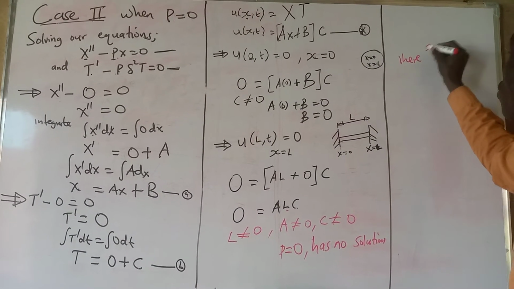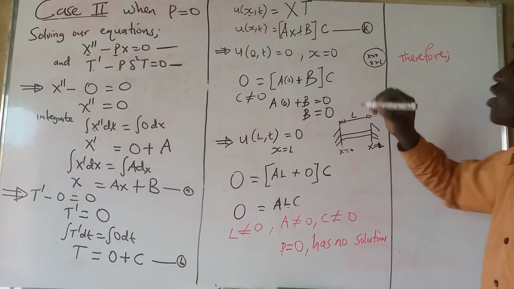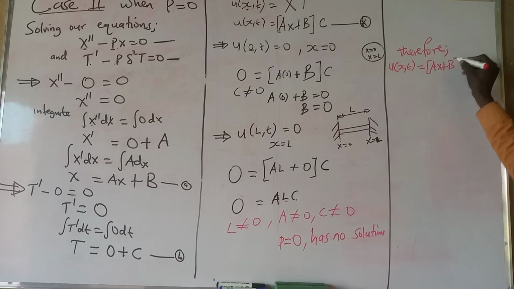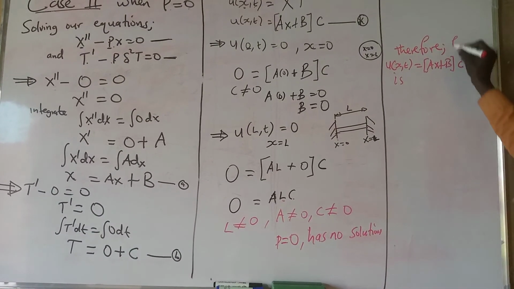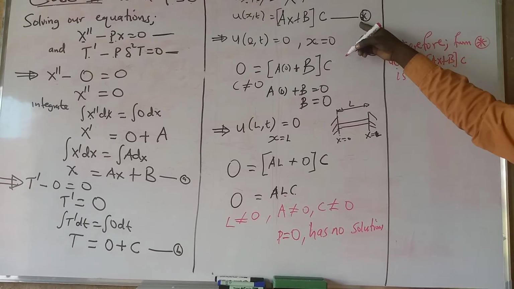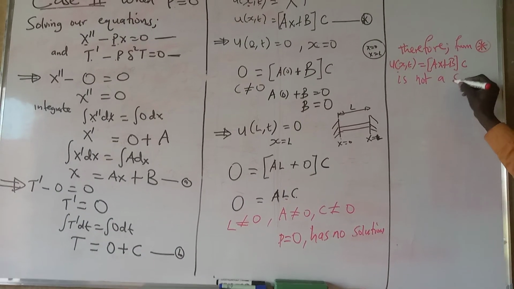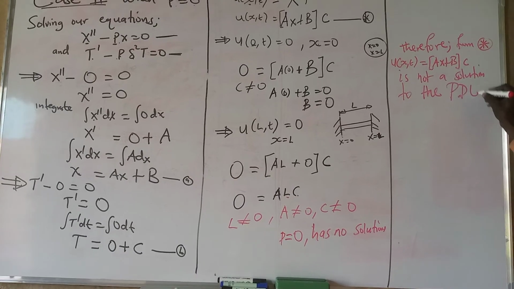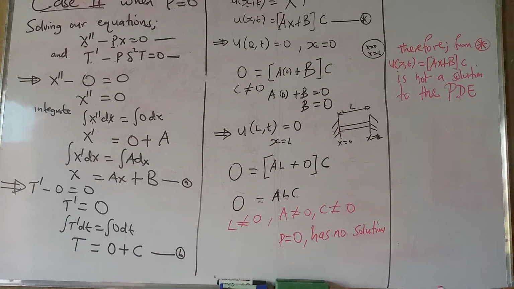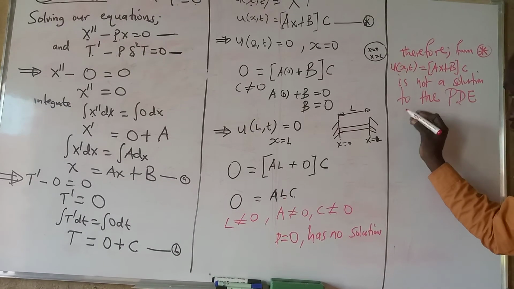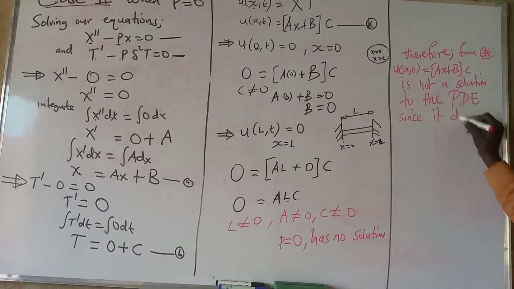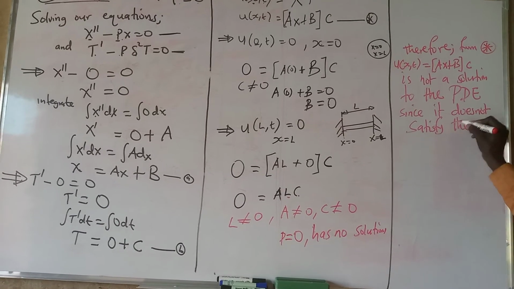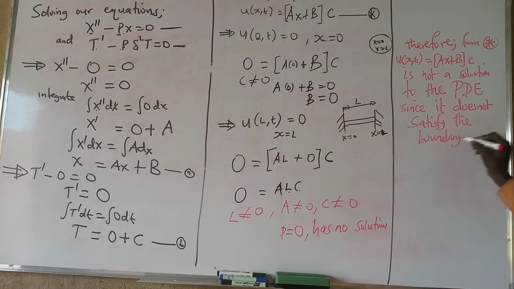Therefore, you conclude that this equation star, which is u(x,t) equal to (ax plus b) times c, is not a solution to the PDE because it has not satisfied the boundary initial conditions.